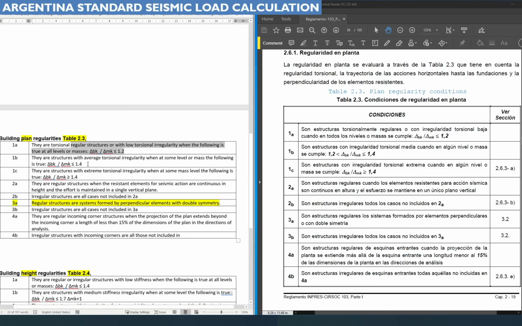If the same delta bk by delta mk is less than or equal to 1.4, then the condition is 1b, and for 1c if it is greater than 1.4.